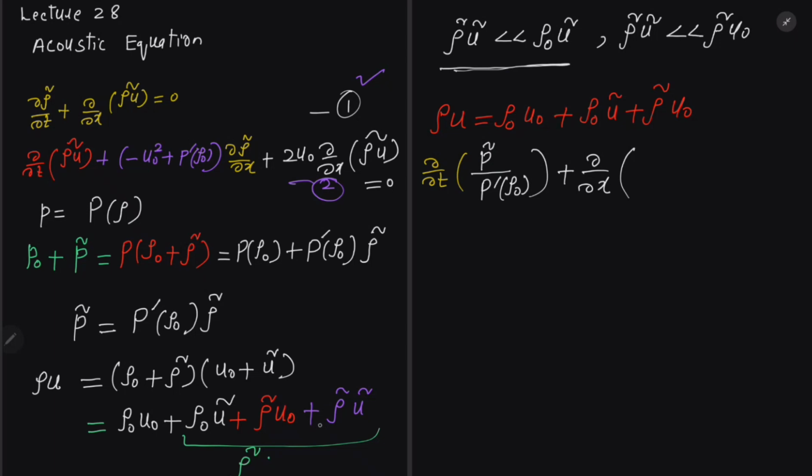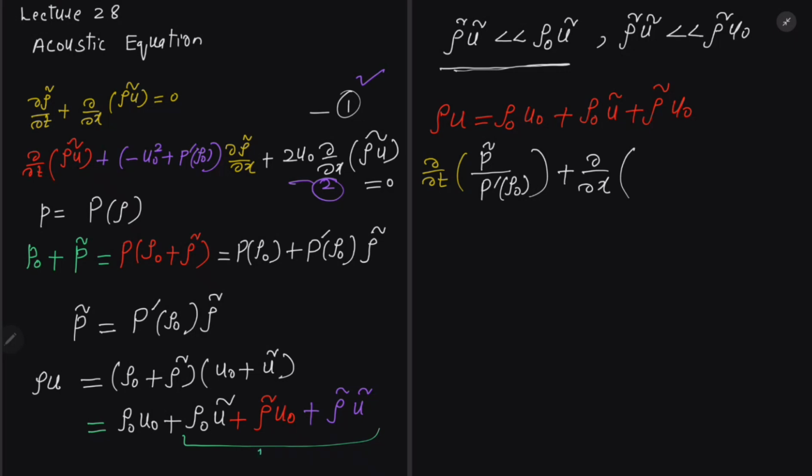Okay, rho tilde u tilde, not rho tilde u tilde, simply rho u whole tilde. Probably this was the error actually, which I pronounced with a mistake.